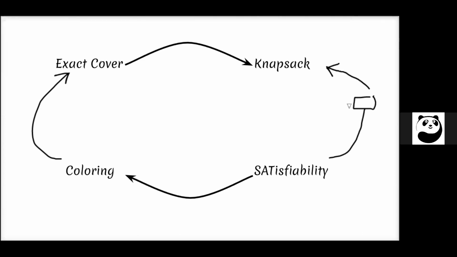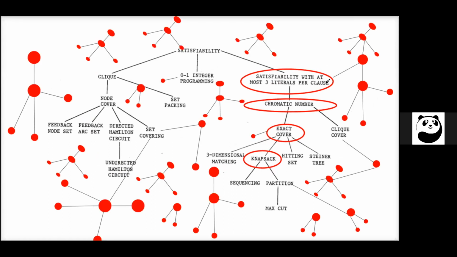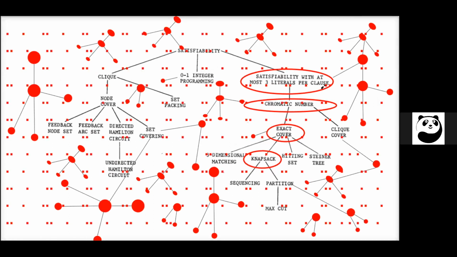There is a path of reduction between the two. These are the problems that we saw yesterday and today. But there are many, many others. There are dozens, hundreds, thousands of these problems, and they are encountered routinely in every domain.